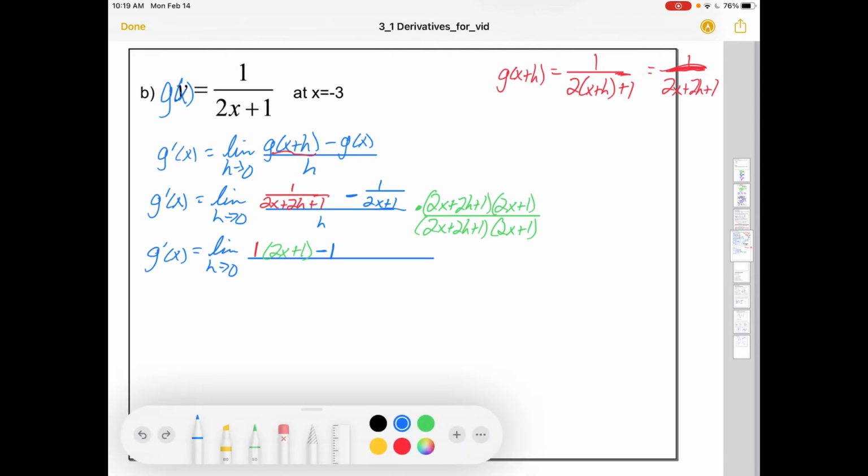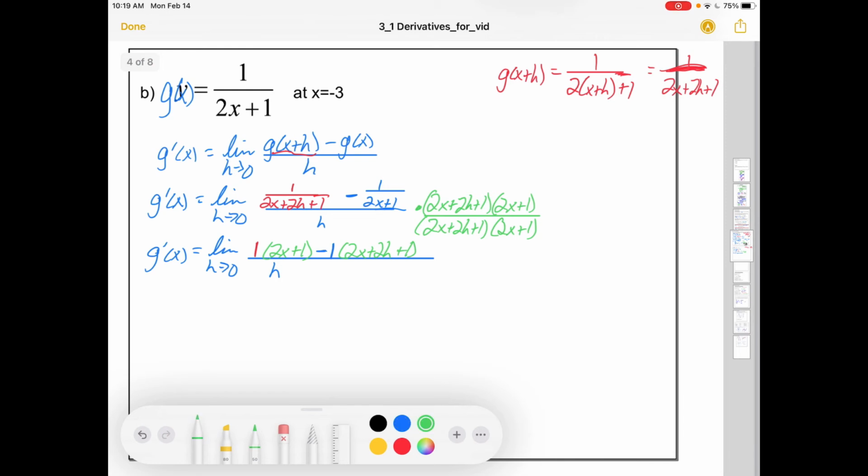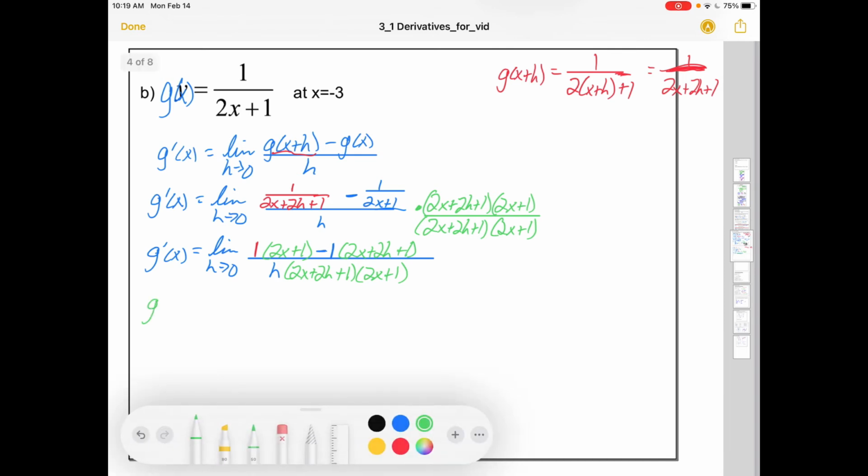That times the whole green thing, but the 2x plus 1s will divide out, so I'll have times 2x plus 2h plus 1. And on the bottom, I will have h by 2x plus 2h plus 1 times 2x plus 1. What's really pesky there is that blue h. Everything else is not really a problem.